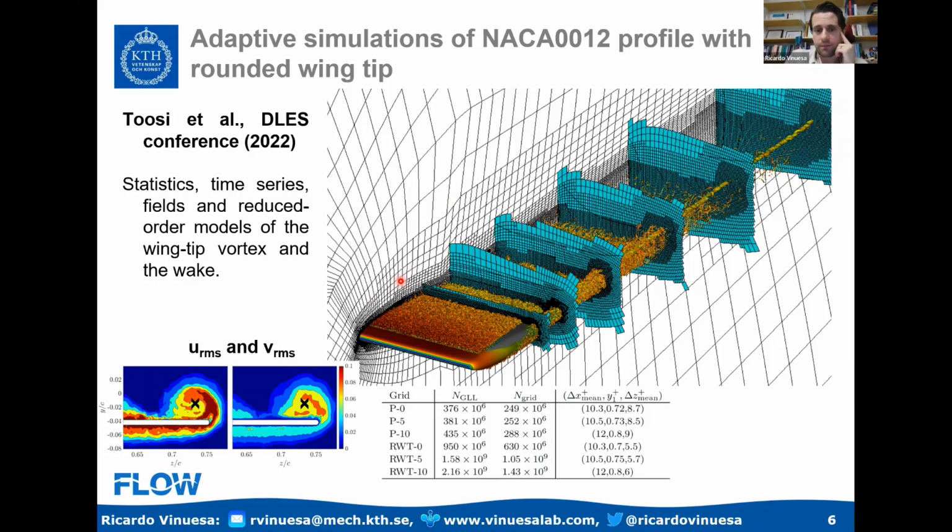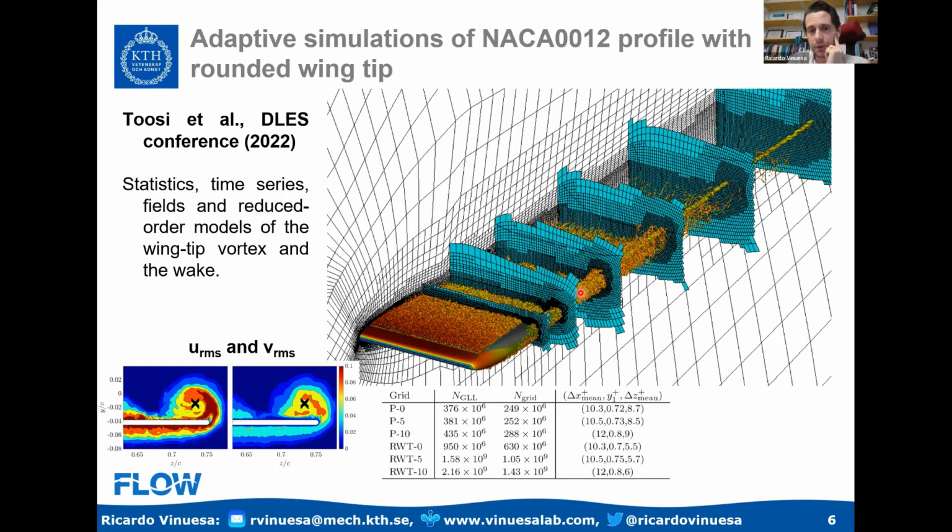These simulations involve over 1 billion grid points, and on all these cases, we can provide very complete turbulence statistics of the turbulent boundary layers, but also of the wingtip vortex and its impact on the flow and the wake. And so this is very high fidelity data, which again can help us to understand better not only the physical phenomena, but also the machine learning models that we can build.